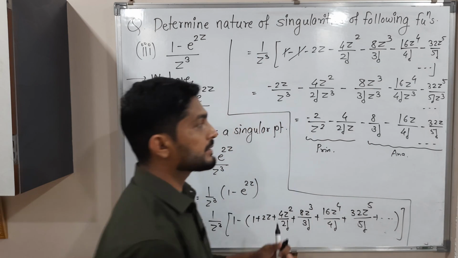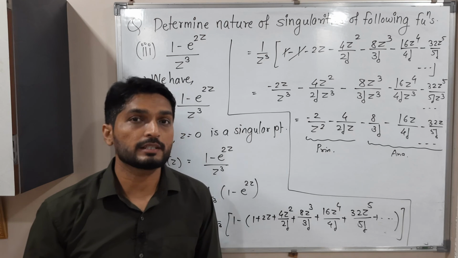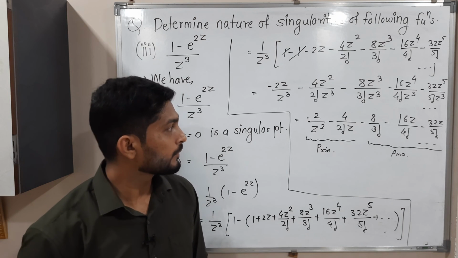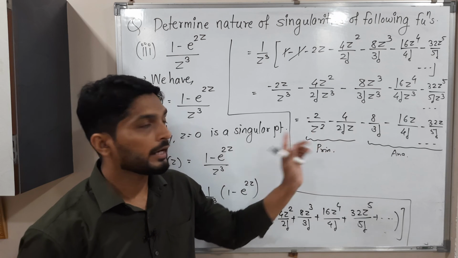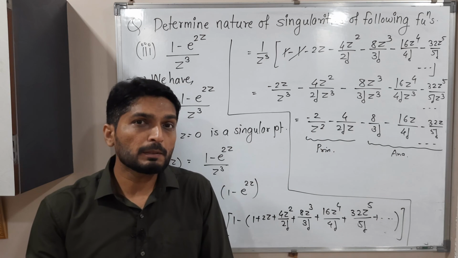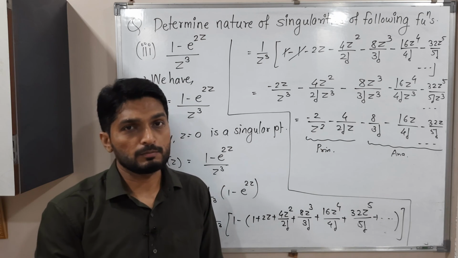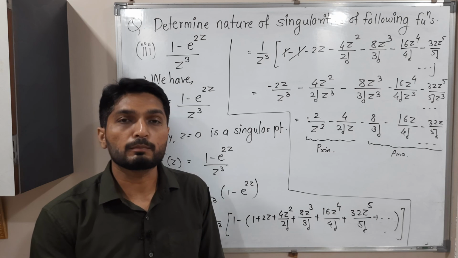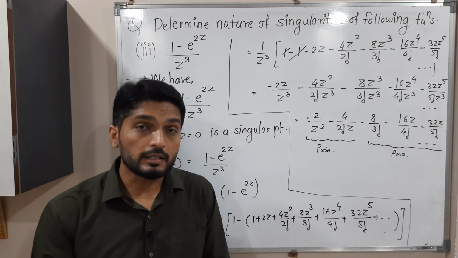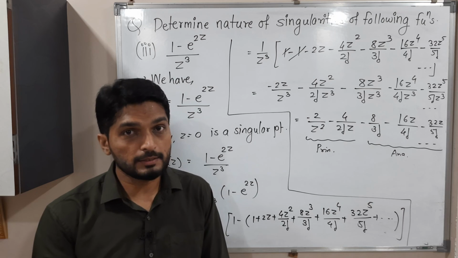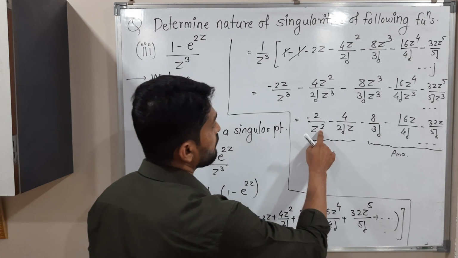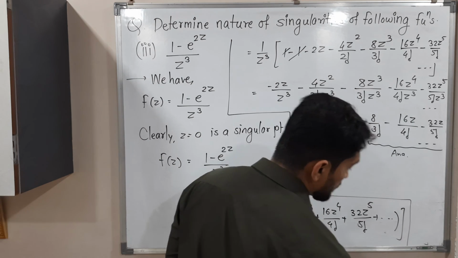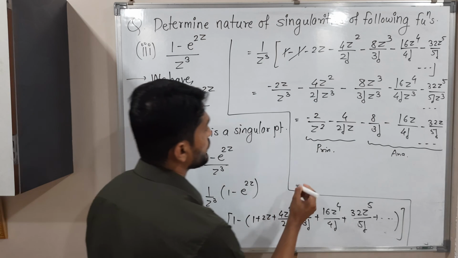Since z appears in the denominator, tell me how many terms are there in the principal part? Only 2, 1 and 2. So if the principal part has a finite number of terms, then what do we say? It is a pole, getting, it is a pole. And what is its highest power? 2 in the denominator, so therefore it is a pole of order 2.